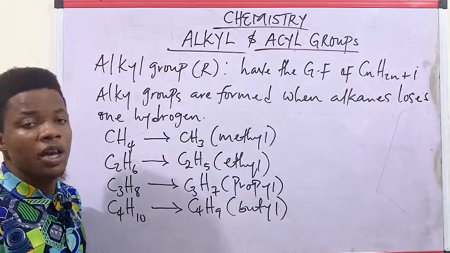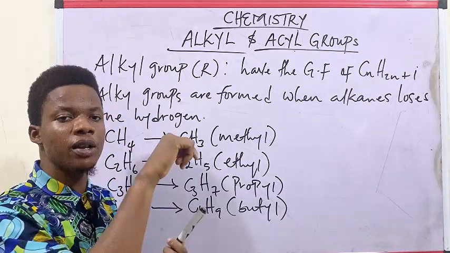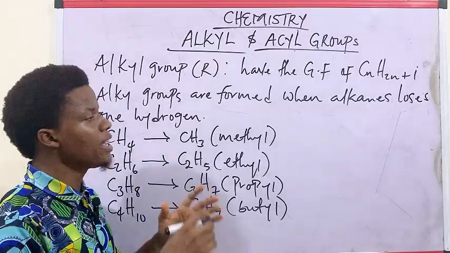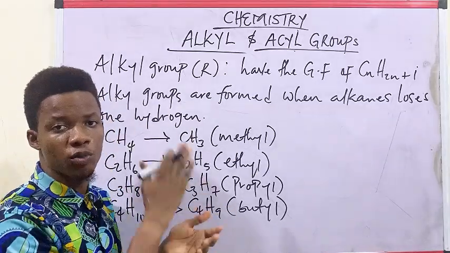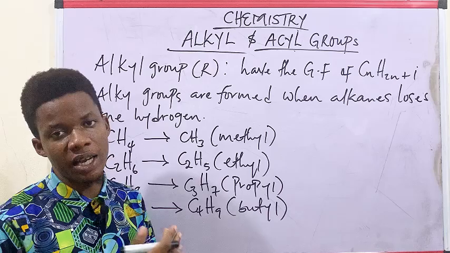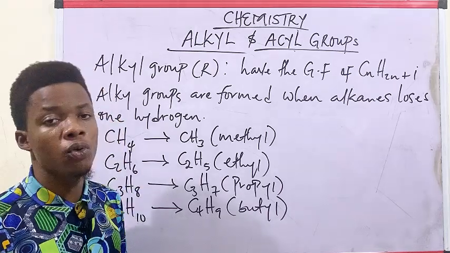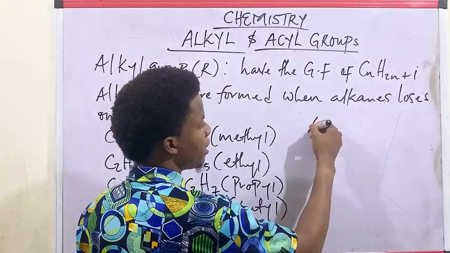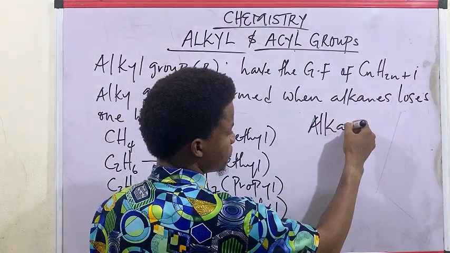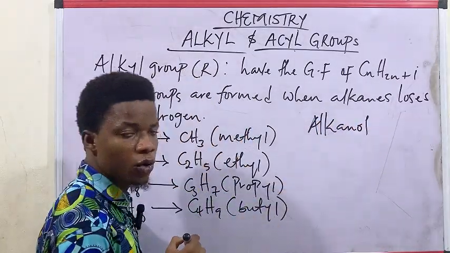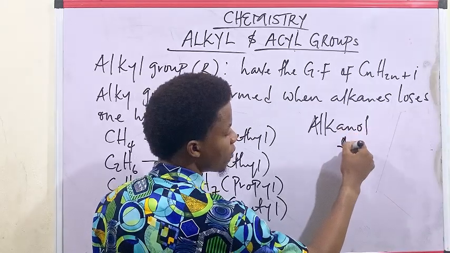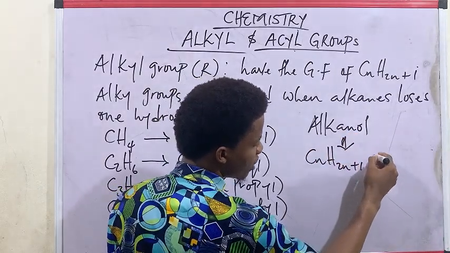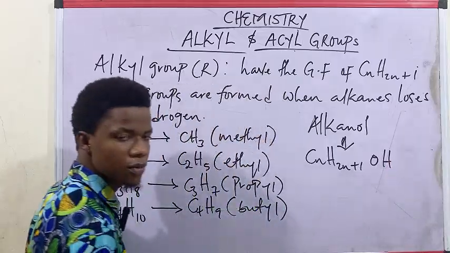So please take note. Now, if you look at my previous video on homologous series and functional group, where I gave a table of different homologous series, their general formula and their functional group, take for example the alkanol. The alkanol has a general formula of CnH2n+1OH.